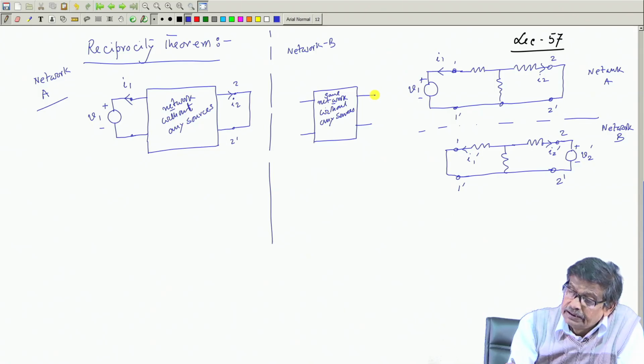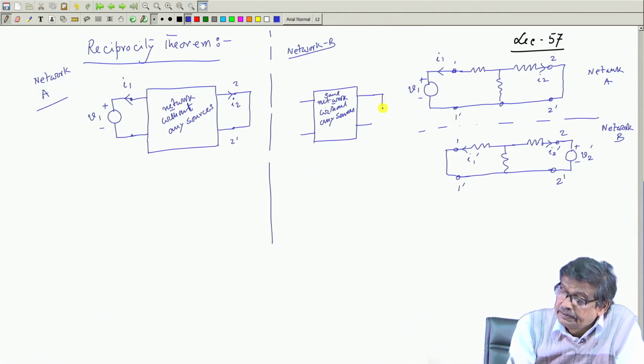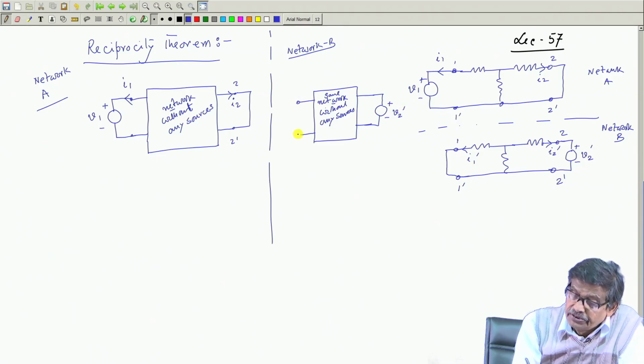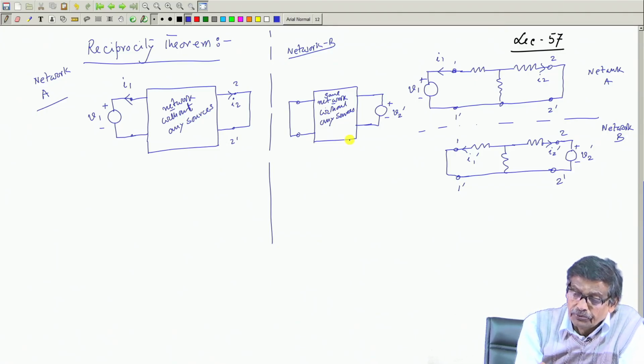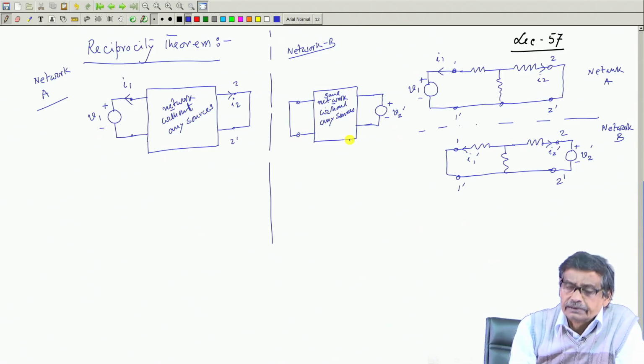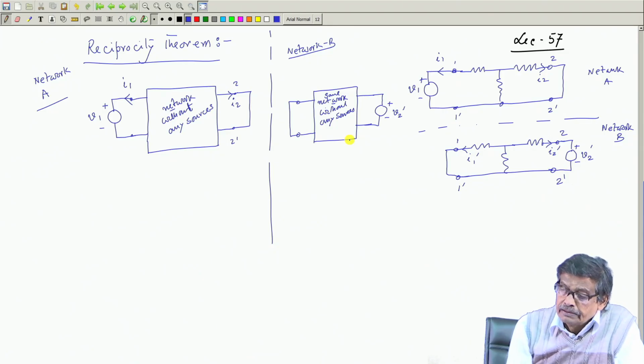I will apply a voltage here like V2 dashed, and I will short these 2 points here. And in this whole network, including these 2 input and output terminals, things are connected and their topologies are the same.